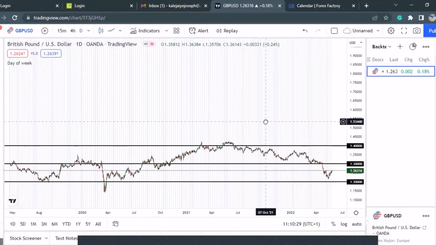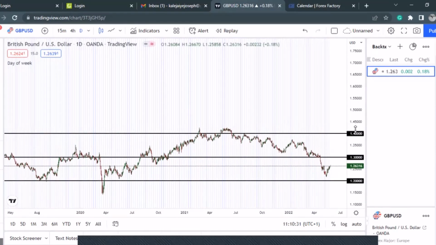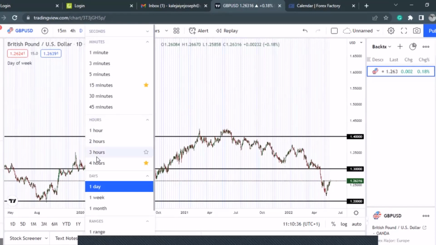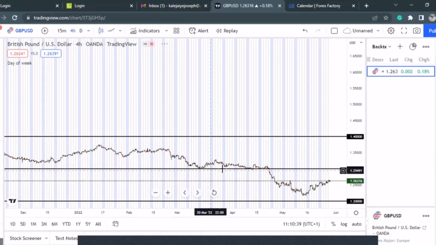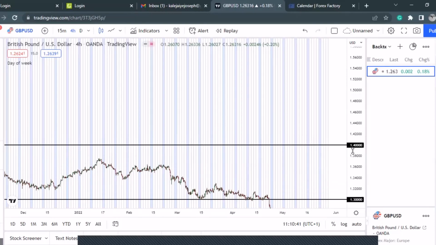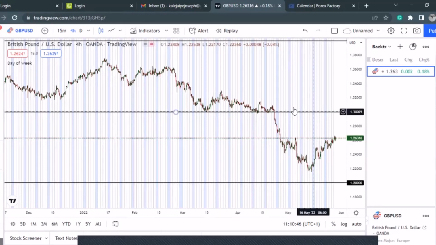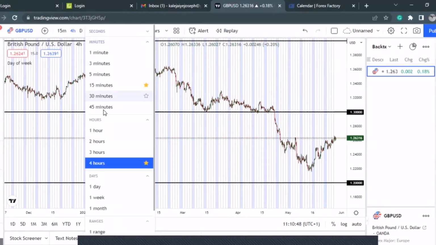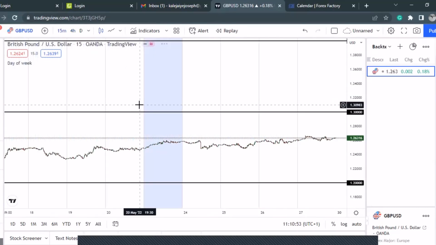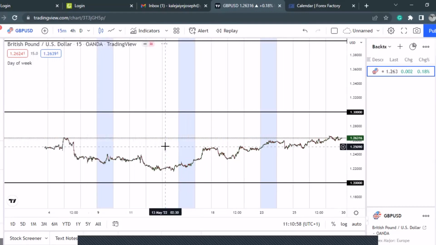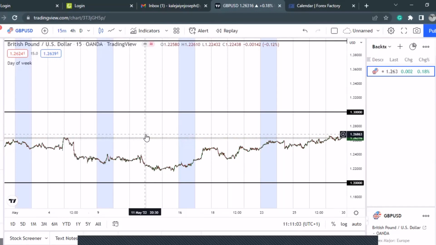Let's go to the 4 hours. Same thing, they are holding up perfectly. Let's go to the 15 minutes. You can see there's a whole lot in this area, 1,000 pip levels one after another.